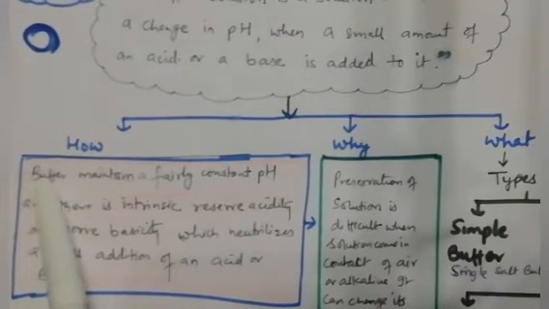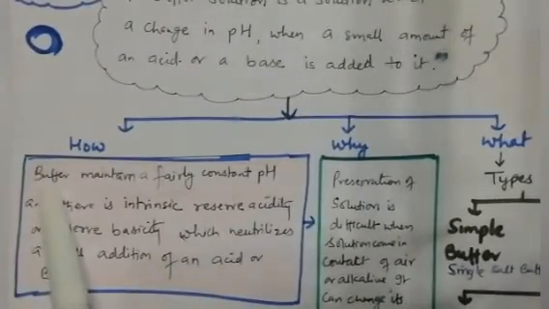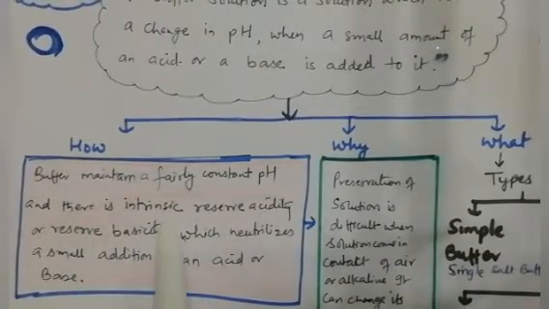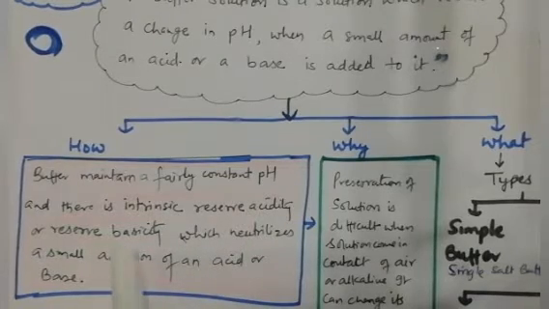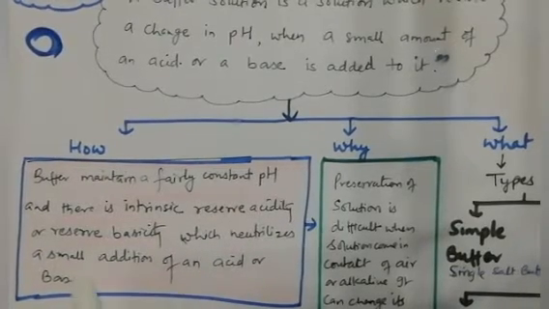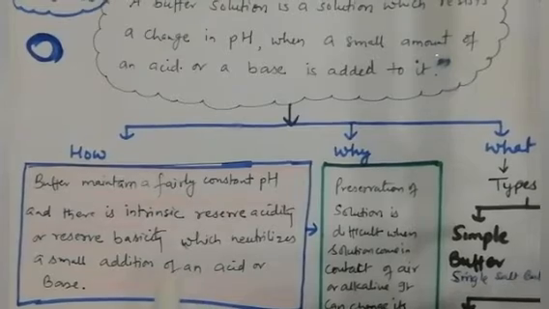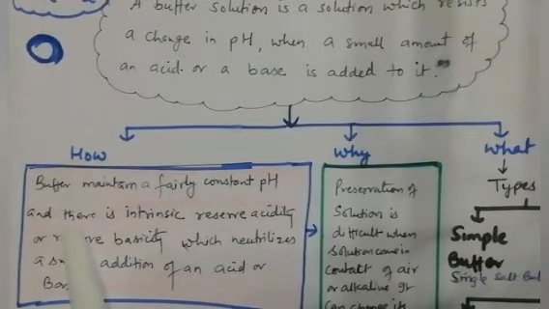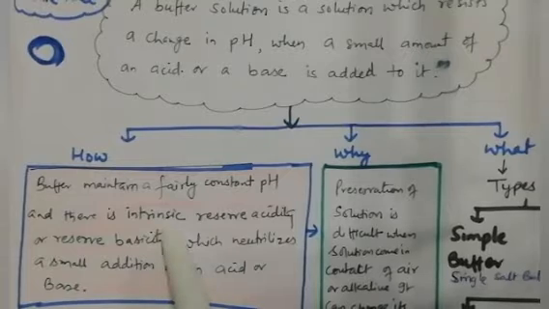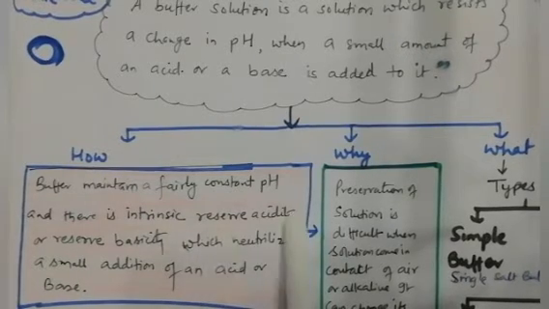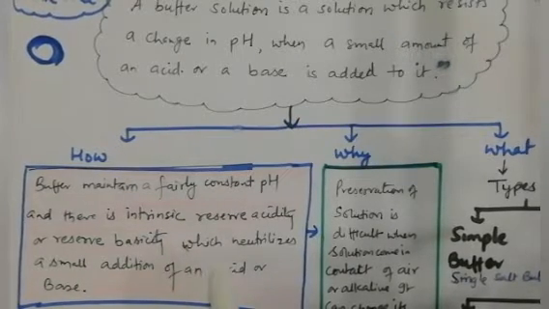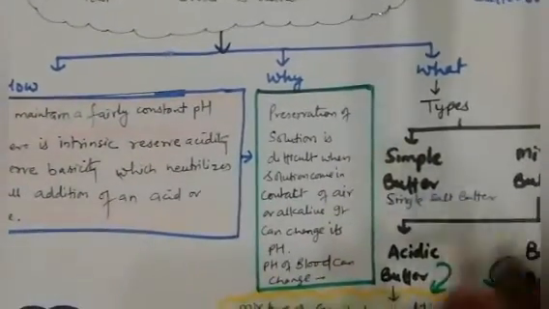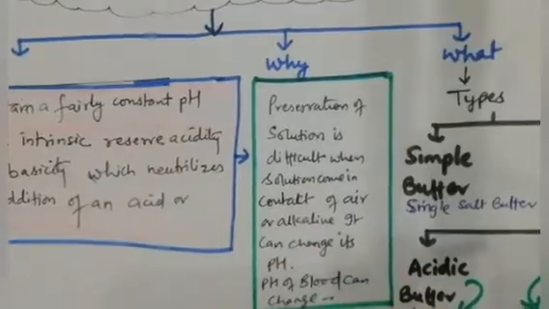So first, how does a buffer maintain a fairly constant pH? There is an intrinsic reserve acidity or reserve basicity which neutralizes a small addition of an acid or base. In this way a buffer can maintain a fairly constant pH because it has some internal reserve acidity and basicity which neutralize the small addition of acid and base. Why is there a need to add a buffer solution to maintain this pH?